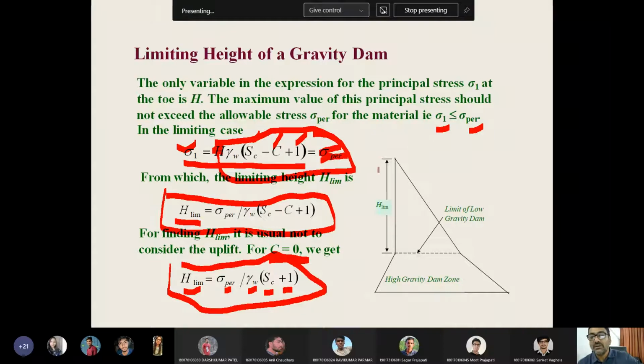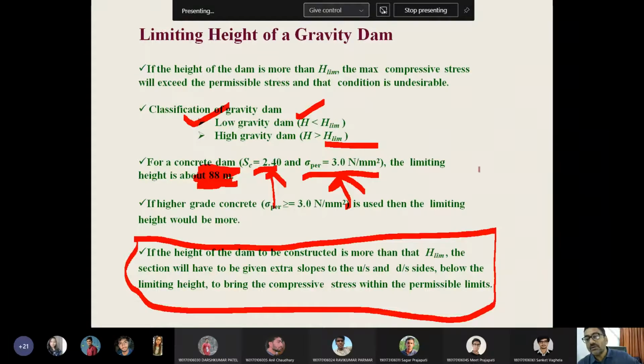So if our height is more than this height, this height is the limiting height, and this is the additional height. This much is the additional height. So the top portion of the dam is designed as the elementary or low gravity dam.